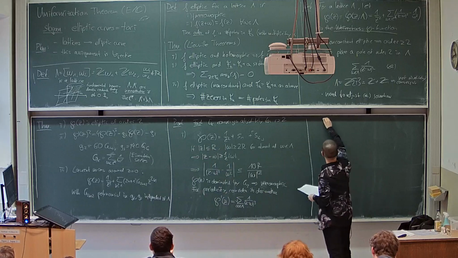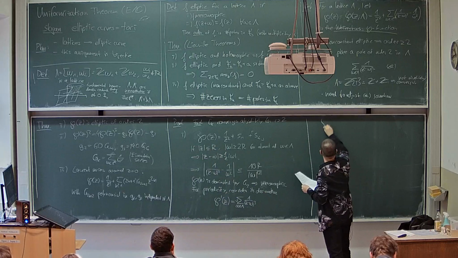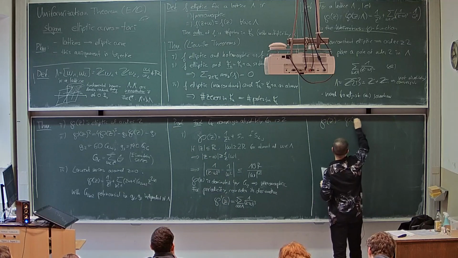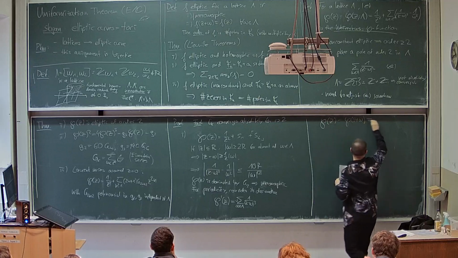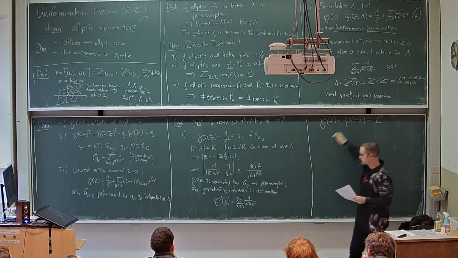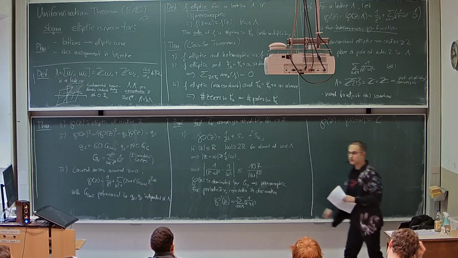So if you now consider the difference of P of z and P of z plus omega, this is necessarily a constant, because differentiating this expression gives you 0 by double periodicity of the derivative.